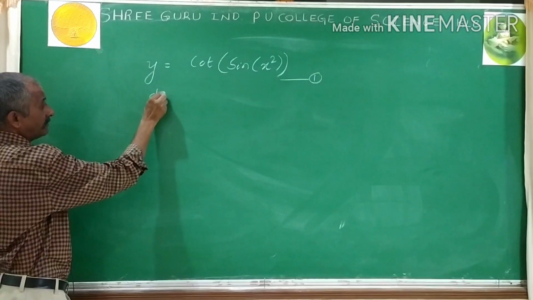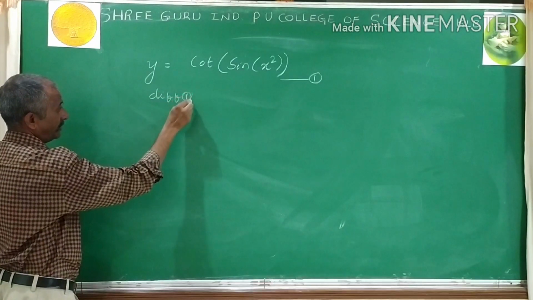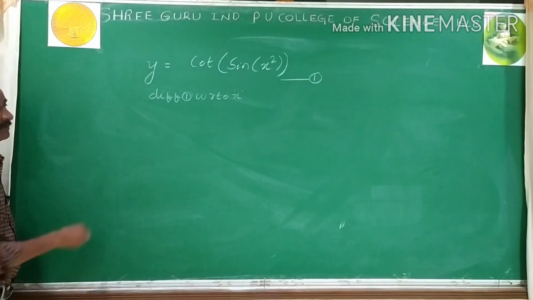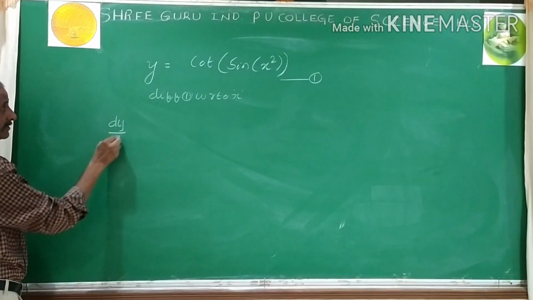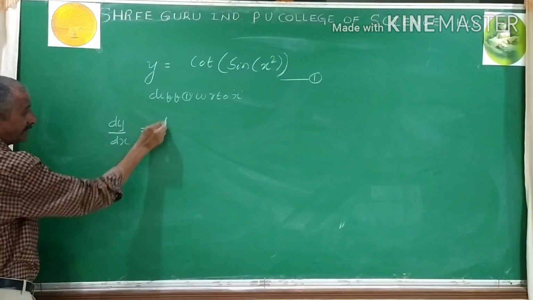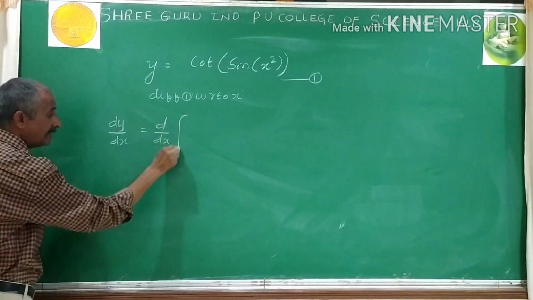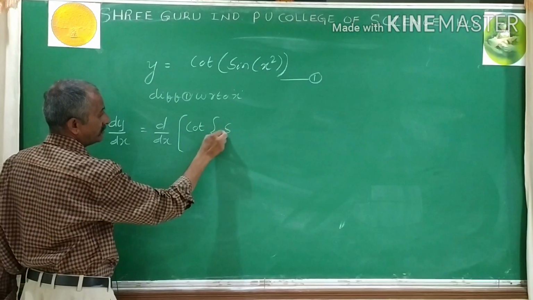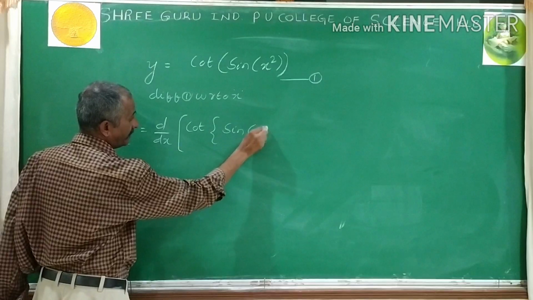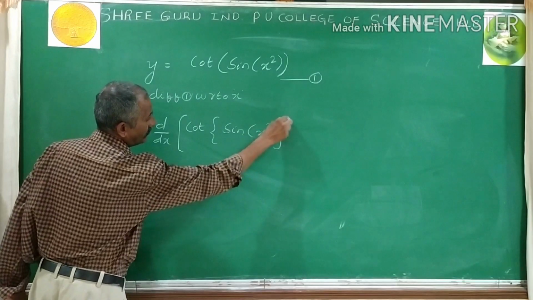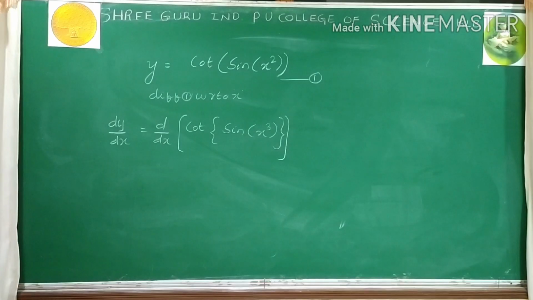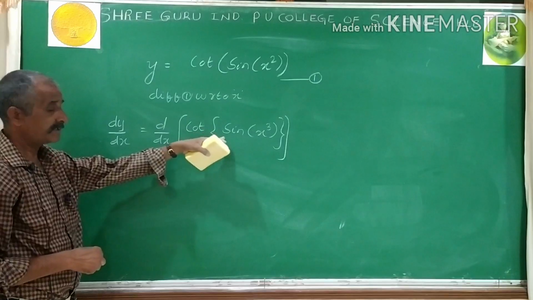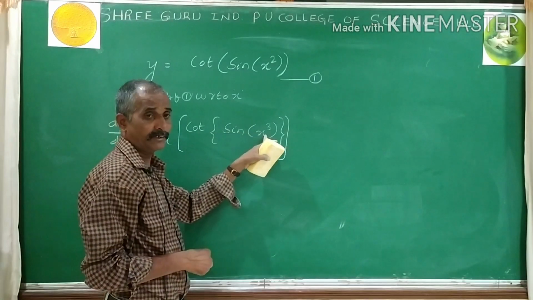Now differentiating 1 with respect to x. dy by dx equals, on the right hand side, the derivative of cot, followed by sin of, followed by x cube. The first occurring function is cot, the next occurring function is sin, and lastly the occurring function is x cube.